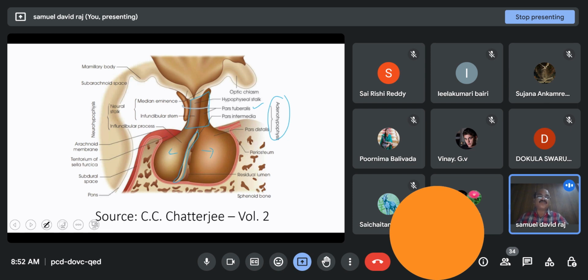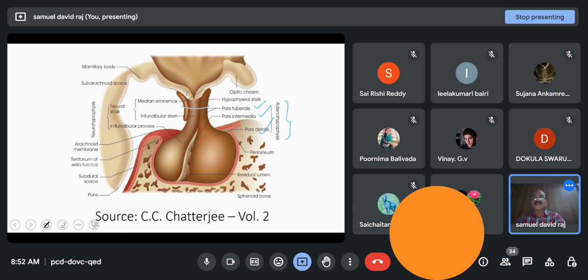And the third one is this entire lobe, called the pars distalis. So these three, pars tuberalis, pars intermedia, and pars distalis, also called pars anterior, constitute the adenohypophysis.